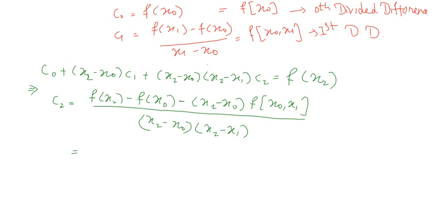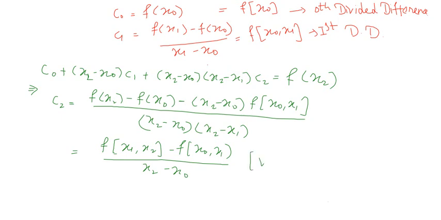If you rearrange the things, it is easy to verify that this is equal to f of x1 comma x2 minus f of x0 comma x1 divided by x2 minus x0, that you can verify. Okay, right, and so on.